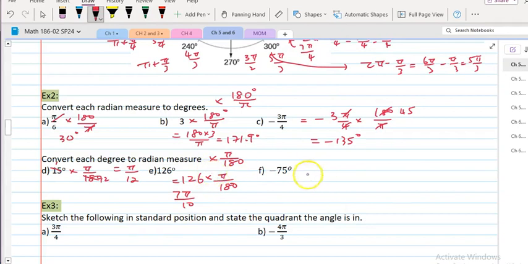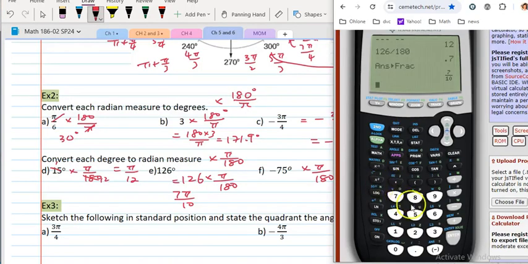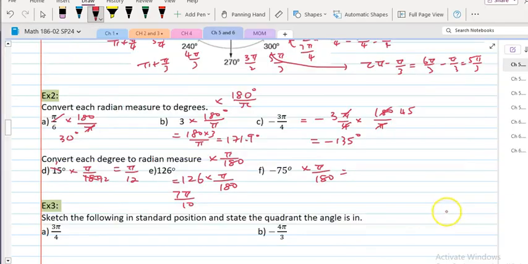Okay, keep the pi. Negative 75 times pi over 180. 75 divided by 180, again, make a fraction. 5 pi over 12. Oh, it's a negative.